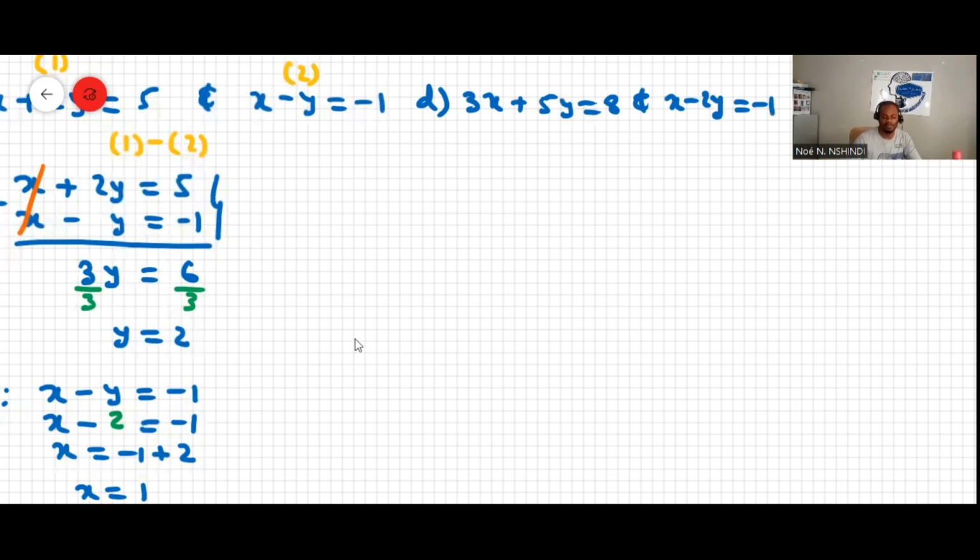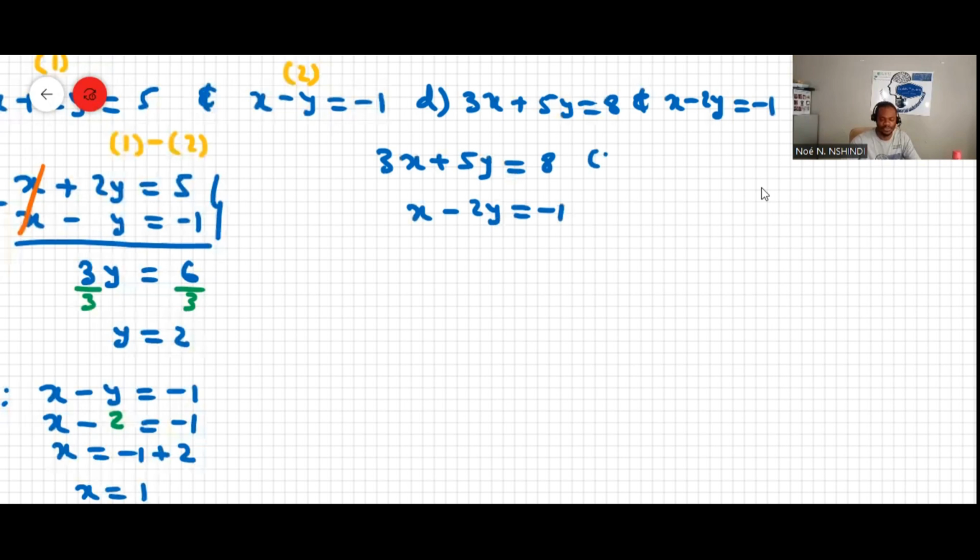Now when I look here, I have 3x, that's x, 5y, -2y. We can't really cancel the way we did, but we can still, how can we do that? I want to write the equation first. 3x plus 5y equal 8, and the other equation is x minus 2y equal to -1, okay?